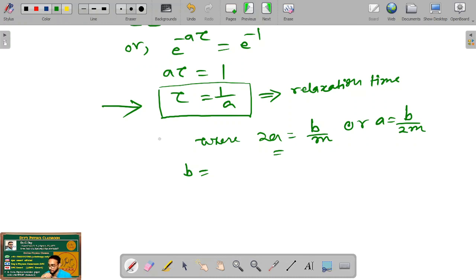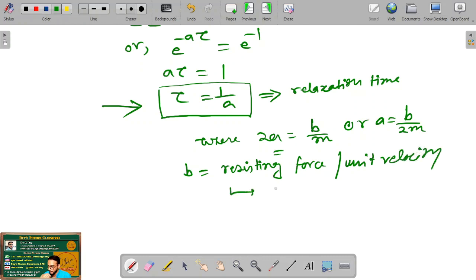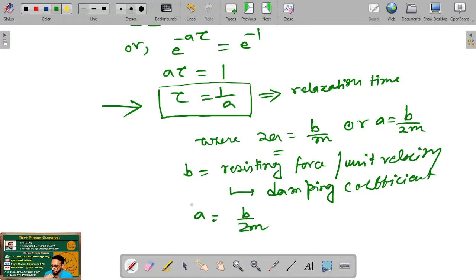Still I am telling again, b is called resisting force per unit velocity, which is also called the damping coefficient, and a equals b by 2m. So the relaxation time is inversely proportional to a, tau equals 1 by a.